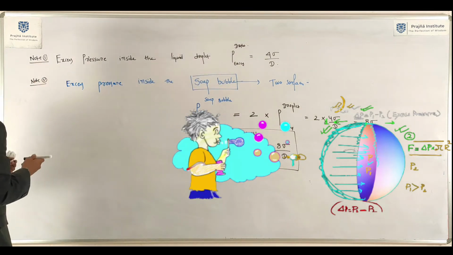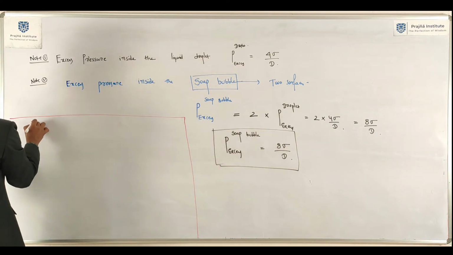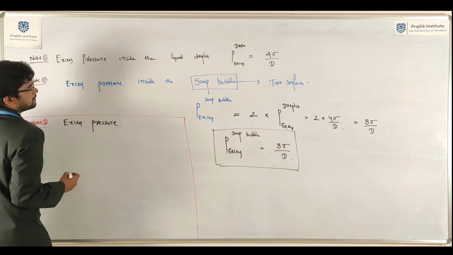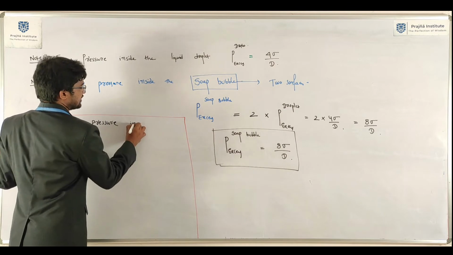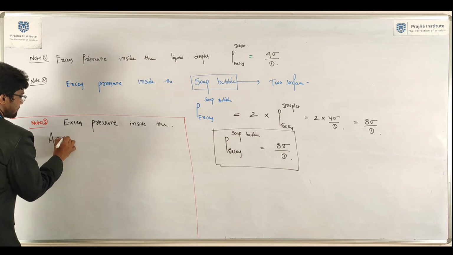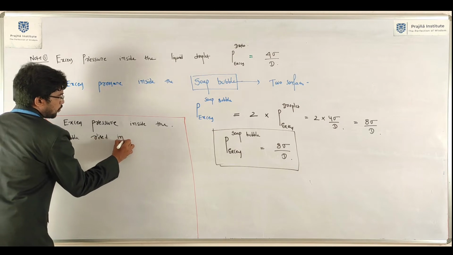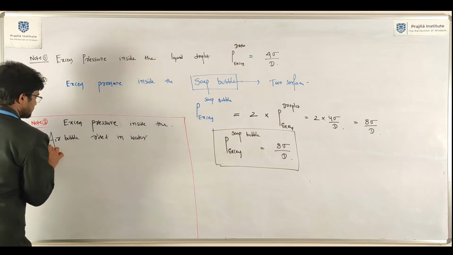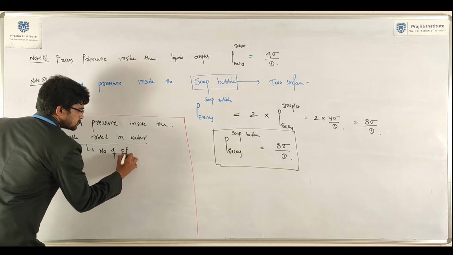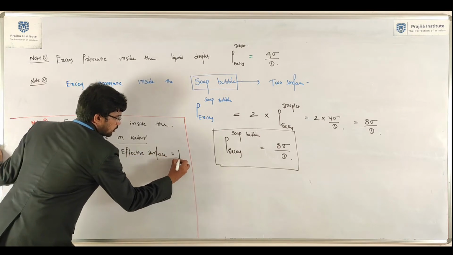Now here we have 2 good points. Note 3. Excess pressure inside the air bubble raised in water. Here the number of effective surfaces is equal to 1.